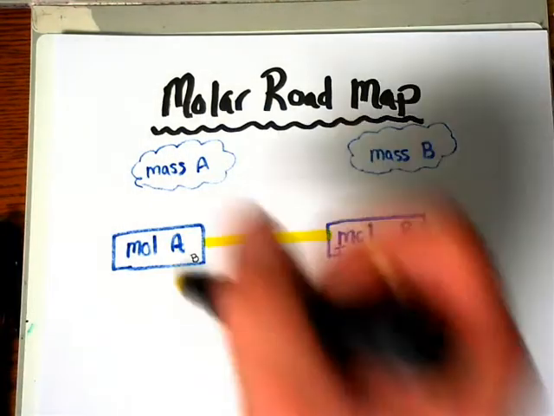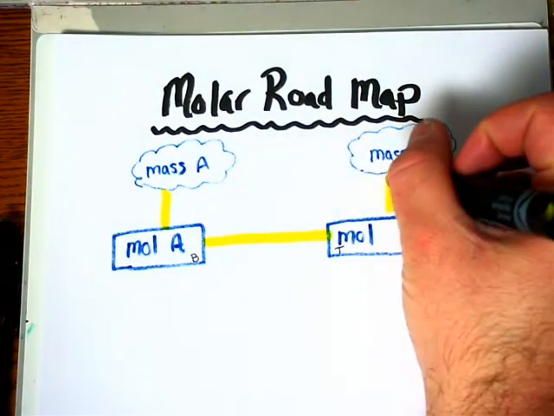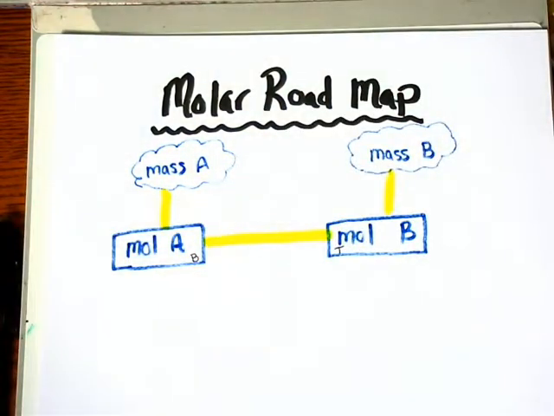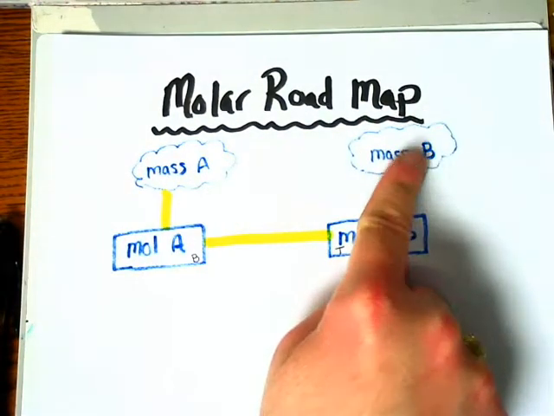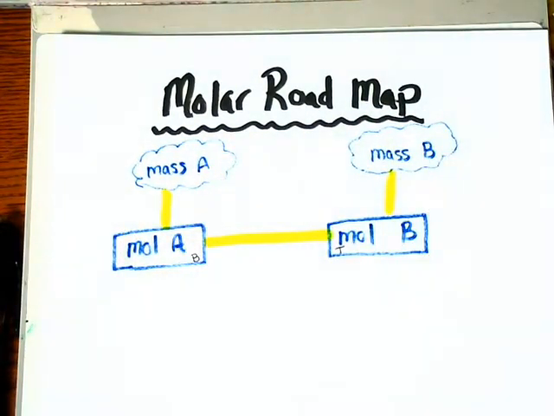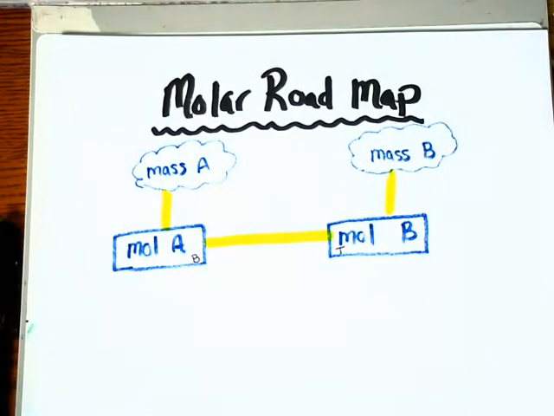And it would make sense that we need to put in our roads, so there's our roads, correct? If you're having to go from the mass of one to the mass of the other, this would make a total of 3 steps. Now if you're going from mass to moles, this would make how many steps?